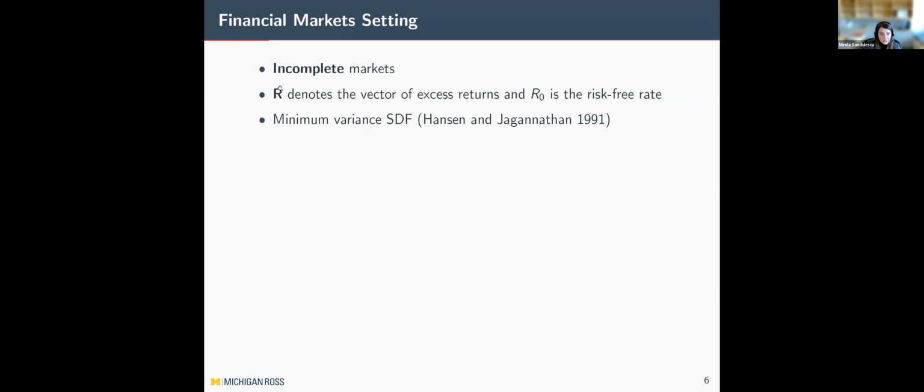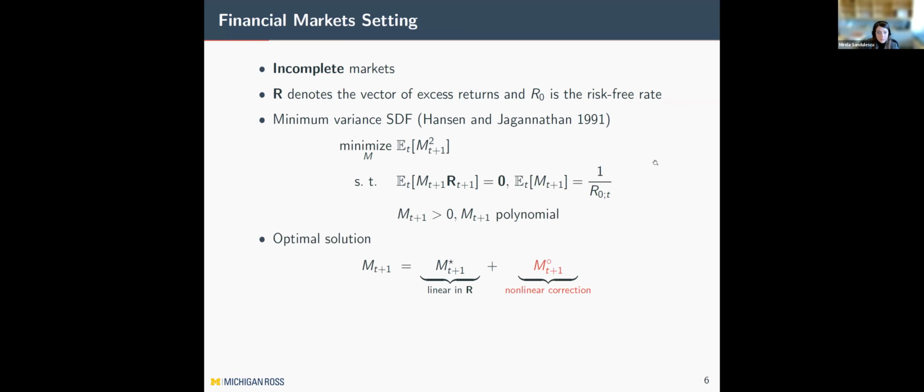We are going to let capital bold R denote the vector of excess returns and R0 the risk-free rate. So the problem that we are going to focus on is the following. We are going to minimize the second moment of the stochastic discount factor such that it correctly prices the returns and the risk-free rate, right? So this is standard.